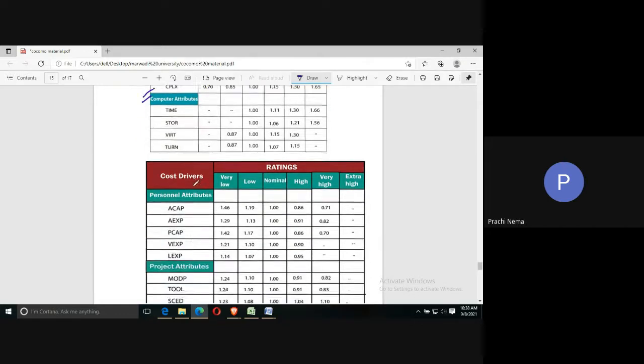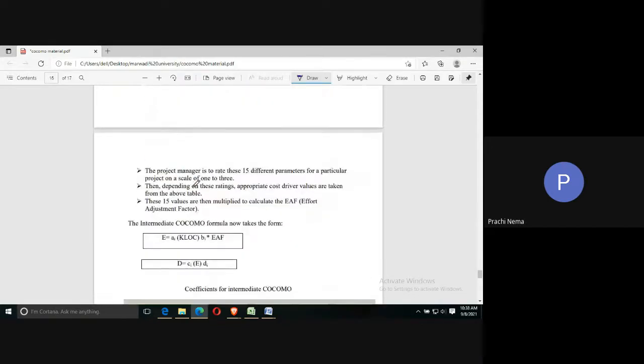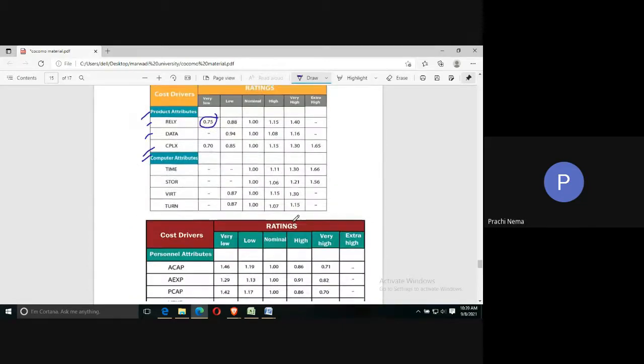Now there will be a rating, a value provided for each of the cost drivers. Depending upon it, all these values will be multiplied to calculate the effort adjustment factor. The effort adjustment factor can be calculated by multiplying all the values given for the relevant cost drivers.